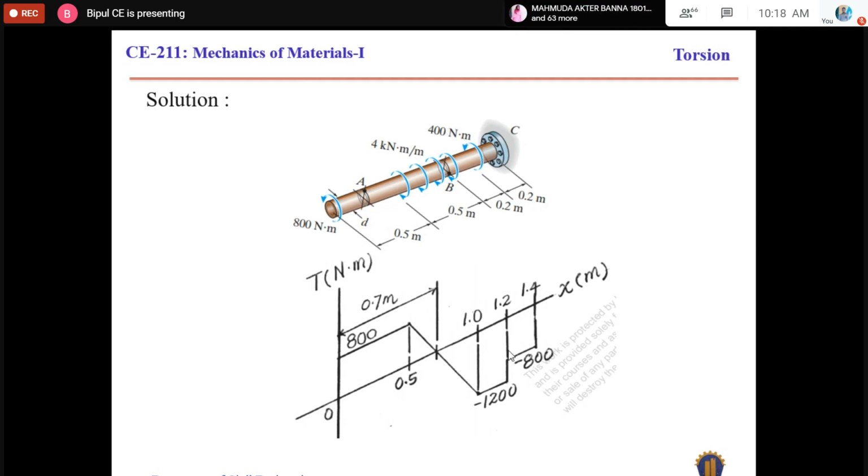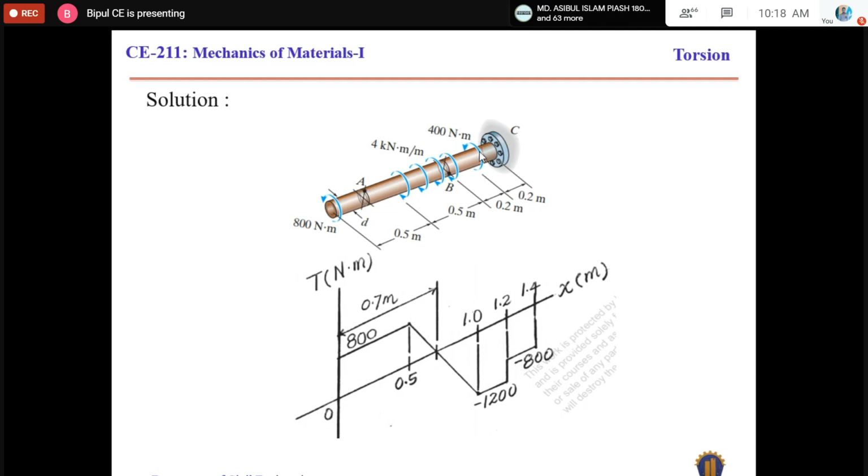So in that case, just right of this point, the resultant torsion will be 1200 plus 400, because this 1200 is negative torque and this torque is positive torque. So the resultant torque at this point will be negative 800.